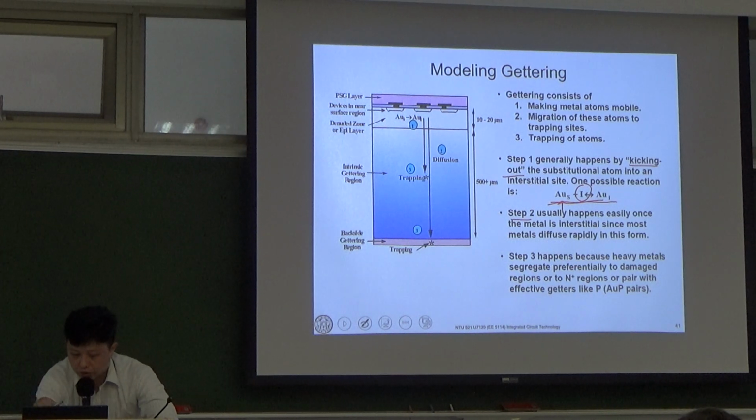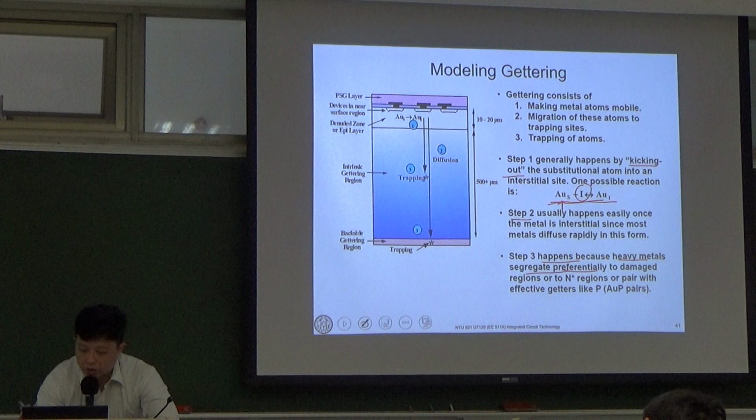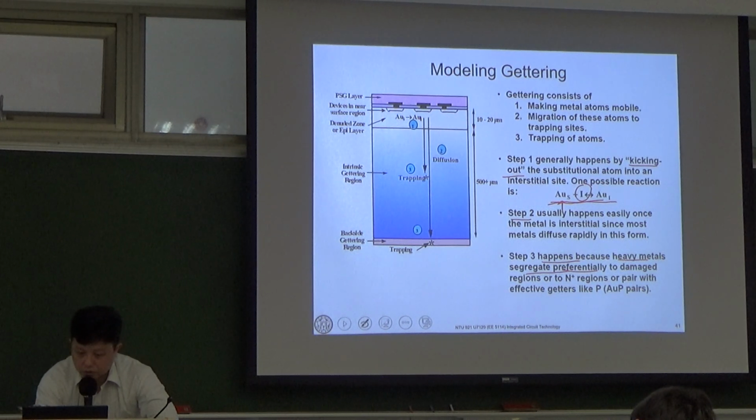In the third step, they segregate together to form damage or trap sites, and then they pair with other defect getters like phosphorus, becoming AuP pairs.